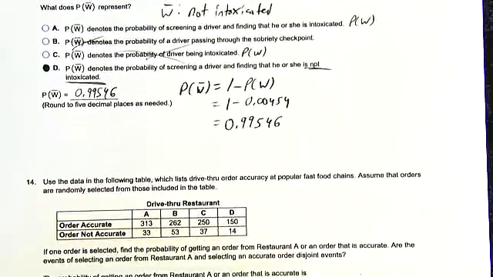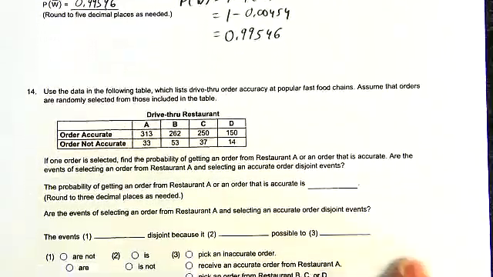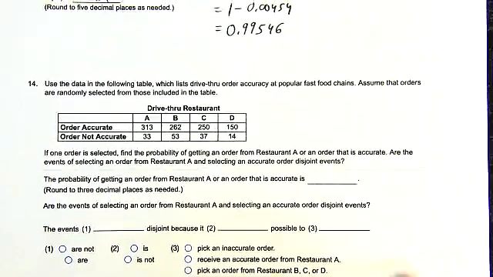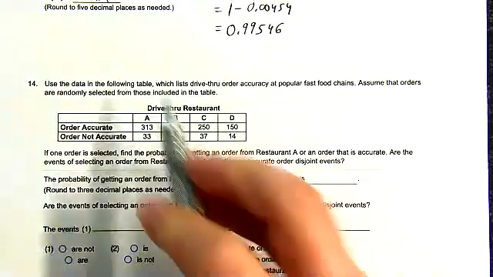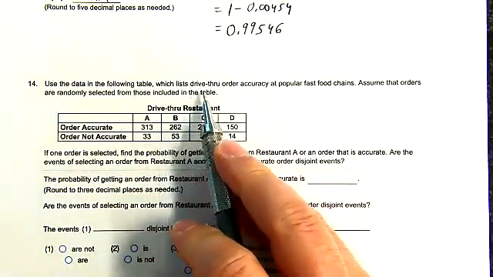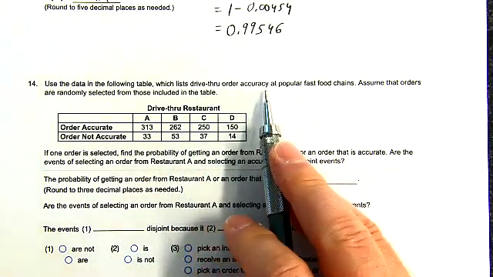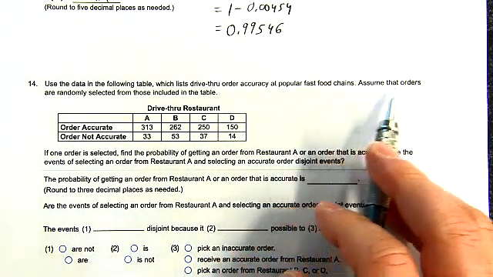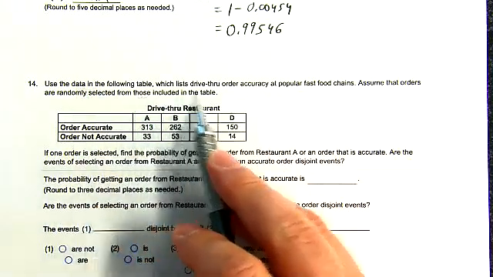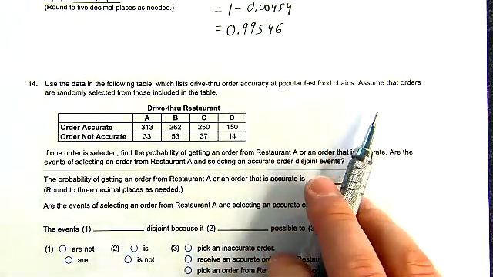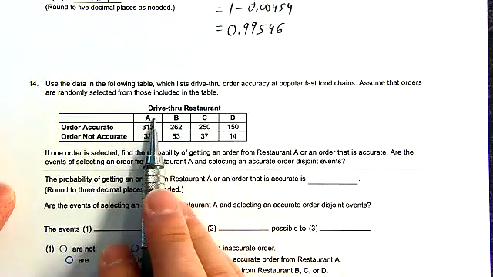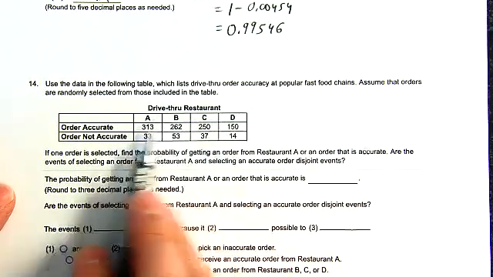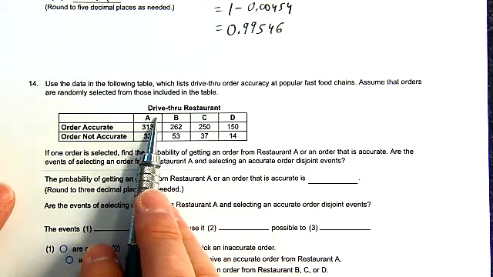The next one's a little more interesting. And now we'll start to get into some of the more challenging stuff. So it says, use the data in the following table which lists drive-through order accuracy at popular fast food chains. Assume that orders are randomly selected from those included in the table. So basically you have 4 different restaurants labeled A, B, C, and D. And then at each of those restaurants, your order can fall into 2 categories.